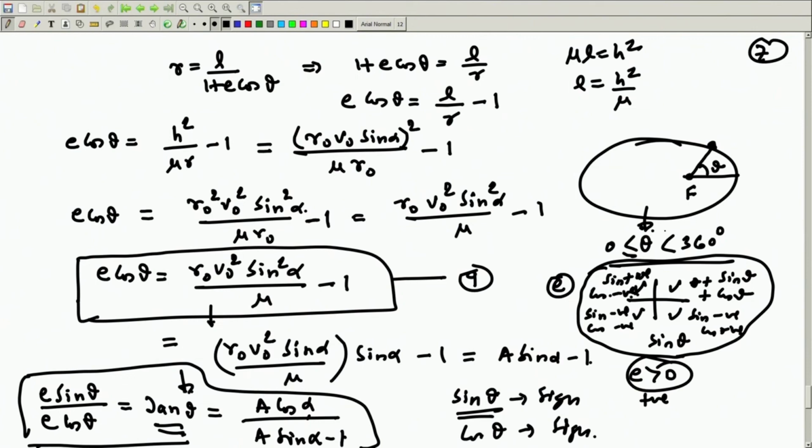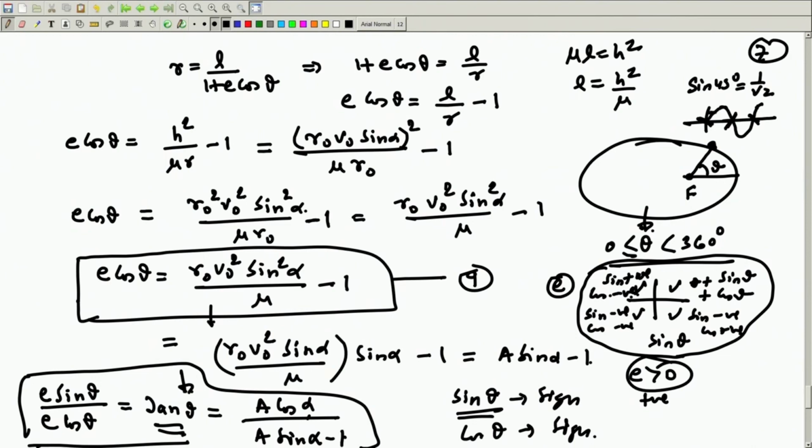Okay, sin and cosine repeat their values. Say sin 45 degrees is 1 by root 2. That means you are starting with this, you are going like this. So, sin theta is 0 here, and also 0 here. So, at theta equal to 0 it is 0, and at 180 it is 0 again. Okay. So, till 360 degrees it repeats the same value.